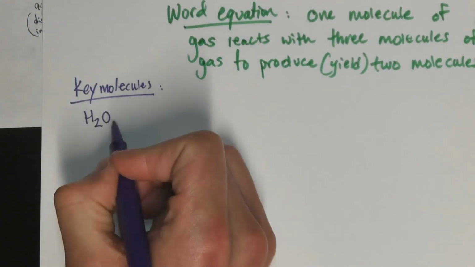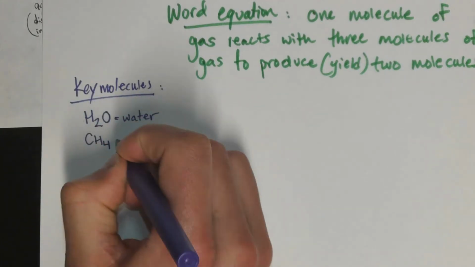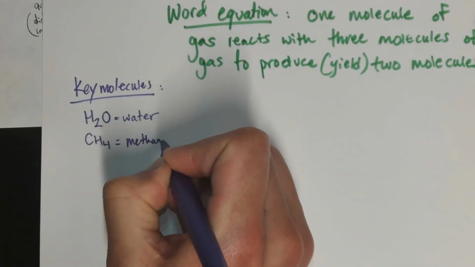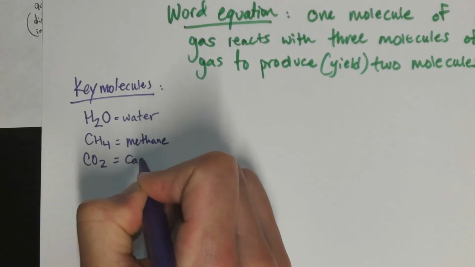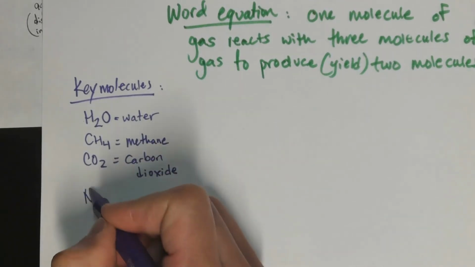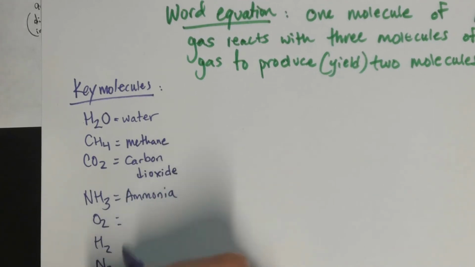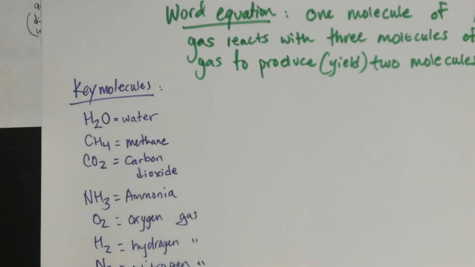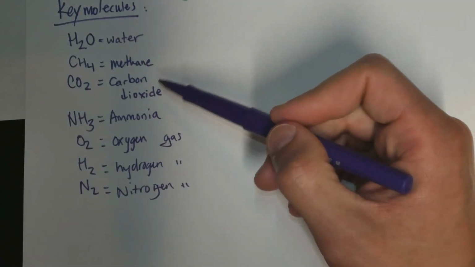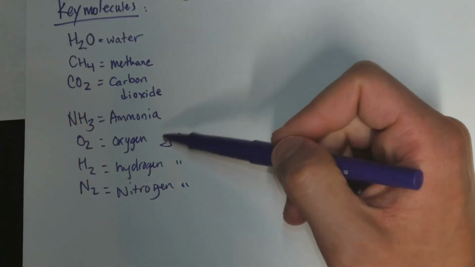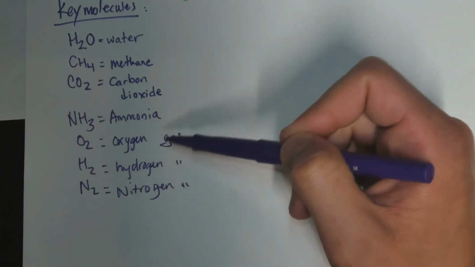First, there's water, then methane, carbon dioxide, ammonia, and then oxygen, hydrogen, and nitrogen gases. So water, methane, carbon dioxide, ammonia, oxygen and hydrogen, and nitrogen gas.